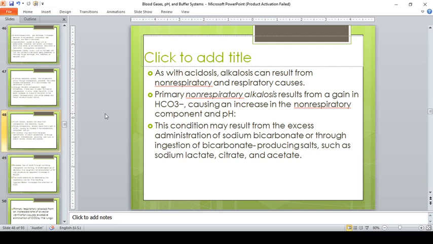Will it increase the excretion of carbon dioxide or will it retain the carbon dioxide? Since meron kang excess base, to maintain or to balance the acid base, it will not excrete carbon dioxide. Ikikip niya yung carbon dioxide para may mag-balance dun sa excess na bicarbonate.